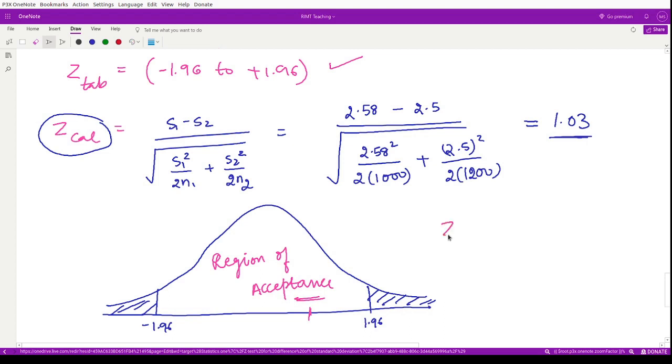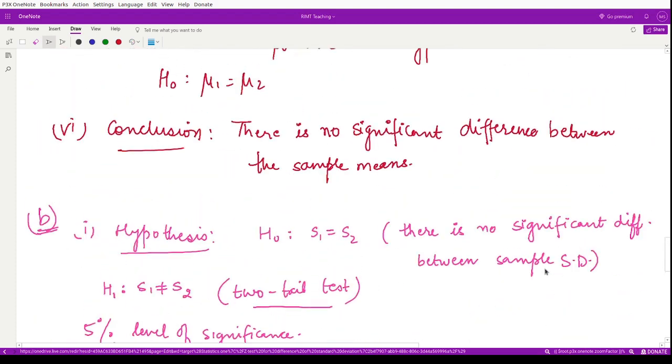Therefore, your Z calculated, which is 1.03, is less than 1.96, which is the Z tabulated value. Therefore, we will say H naught will be accepted in this case. If this is accepted, what was the hypothesis?